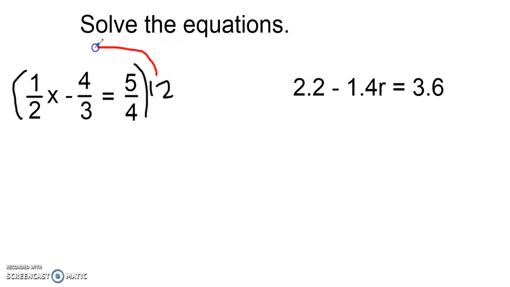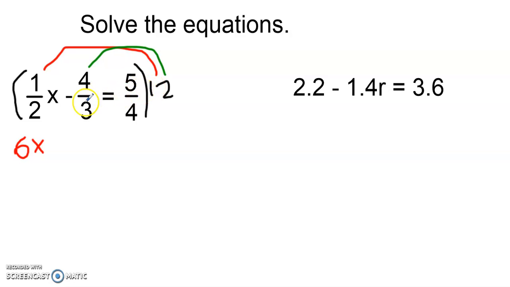So we'll do 12 times 1/2 x. And so 12 times 1 is 12, and then divide it by 2 gives us 6, and then bring our x with it. Now we've got 12 times negative 4/3. So we can either do 12 times 4 first, or we can do 12 divided by 3 first.